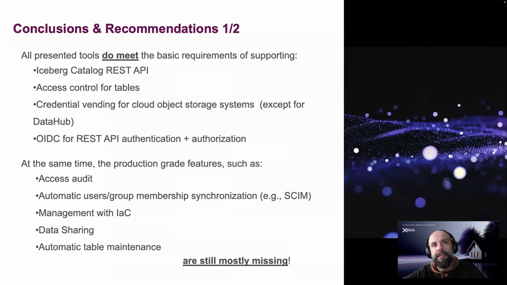Most technical data catalogs have decent support for that. But at the same time, if you are looking for production grade features like access audit, automatic user group membership synchronization, management as code, sharing, or maintenance available out of the box, they are mostly missing. So you cannot really assume that something like this is supported out of the box.